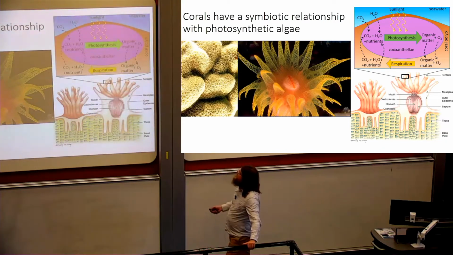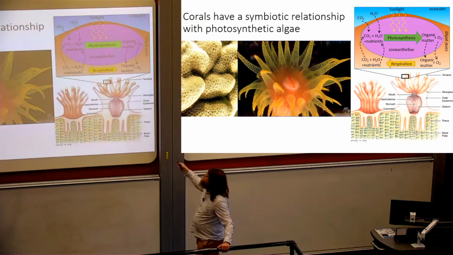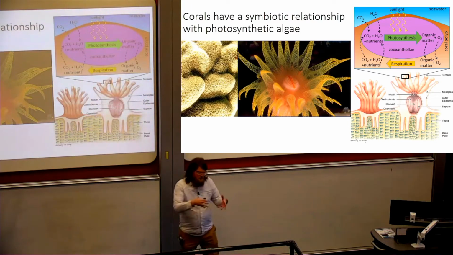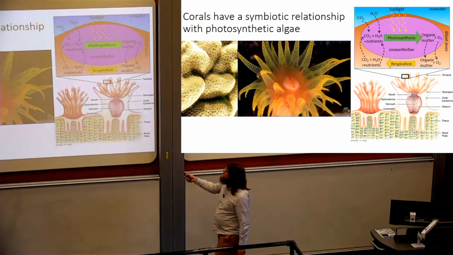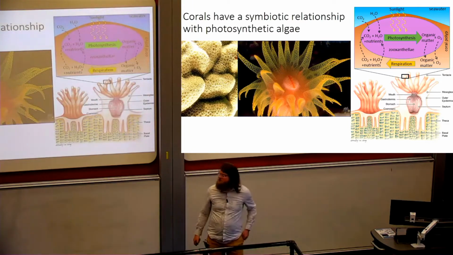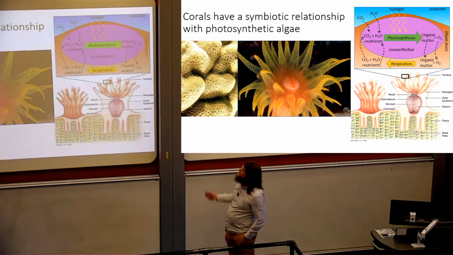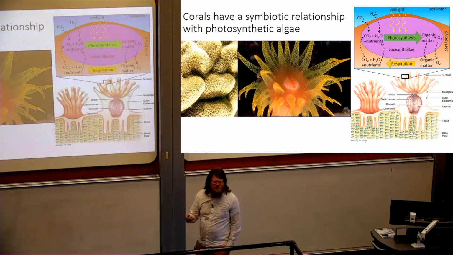Those algae photosynthesize, taking CO2 dissolved in the water, and they produce organic matter and oxygen. Both of those are then used by the animal part of the coral to provide energy through regular oxic respiration. So that's the energy flow between these symbionts.